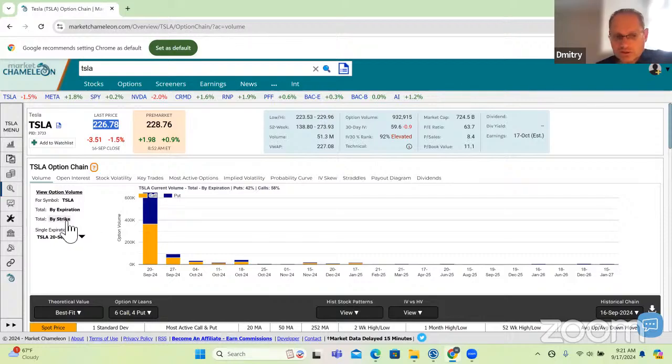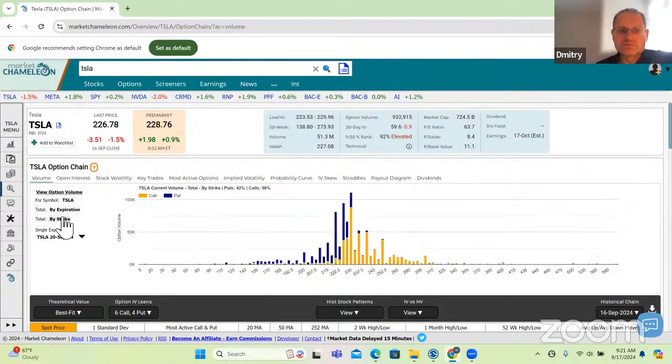So that's when we click on the strike by strike. Okay, now what we see is that this bar here, the 230, had the most option volume traded. And you could see here 87,845 of those involve call contracts, 23,740 put contracts.